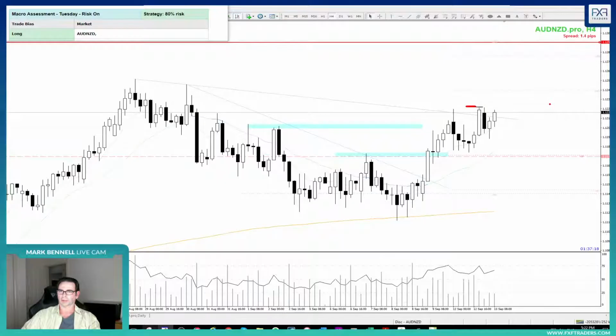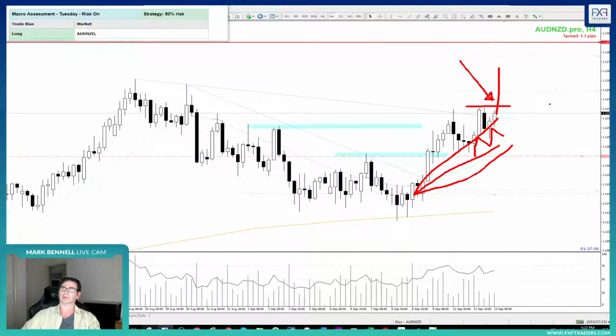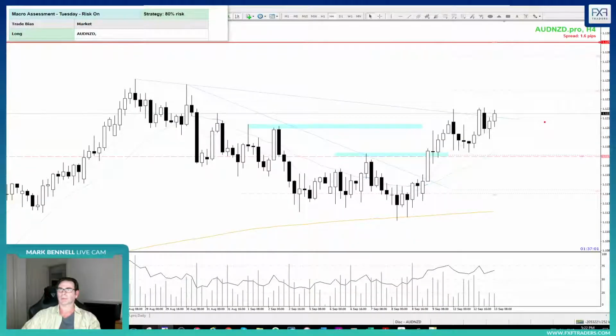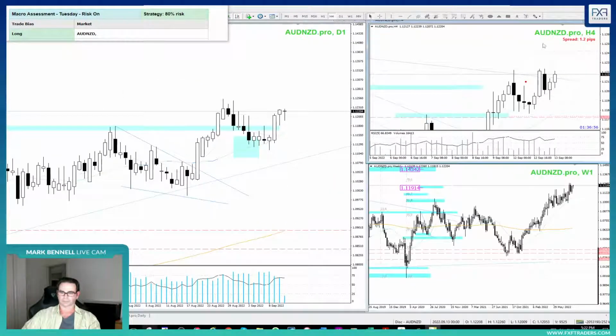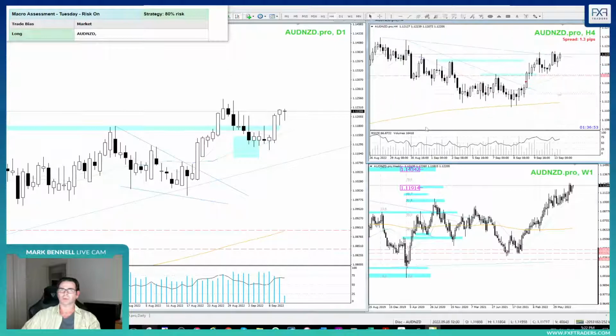Well, it's up to you whether you take the break through there. It's still okay. Here's the 20. Here's a short-term 8 or 9. Here's a 20 here. So we've got a nice little air gap. Stop through there. So Aussie, New Zealand, I don't mind.